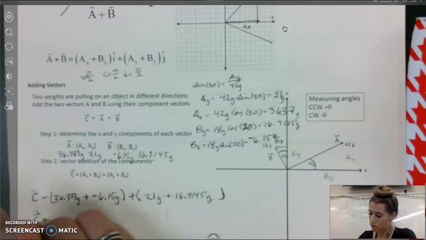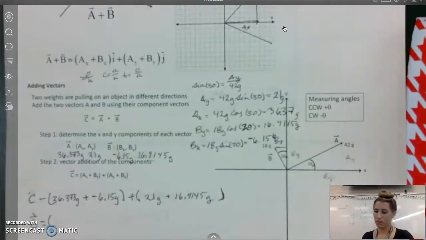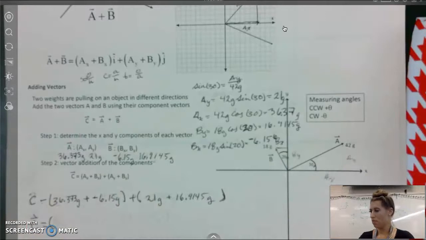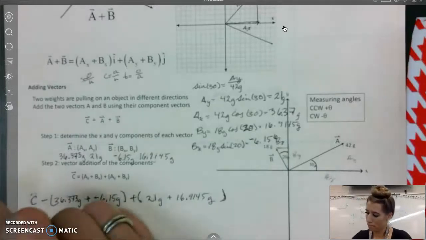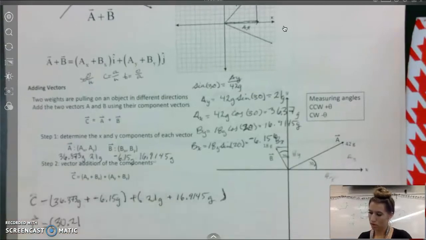Okay, so for the resultant vector C, I'm going to add these values. I'm going to take my 36 number and add that to that negative 6.15 number, and I'm getting 30.21.